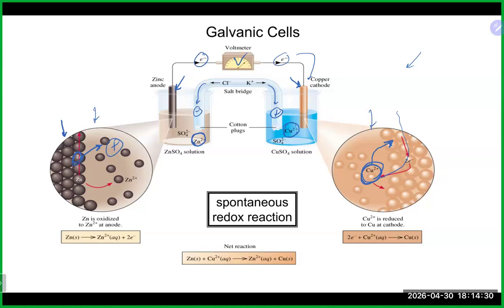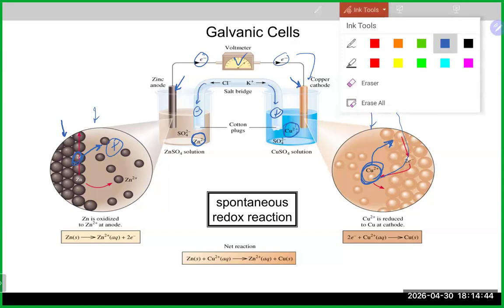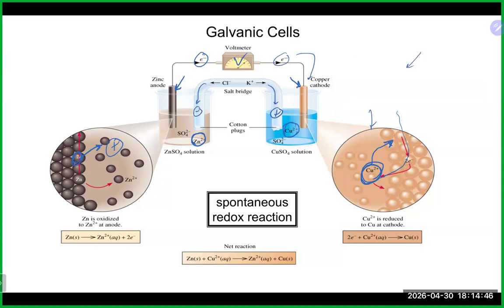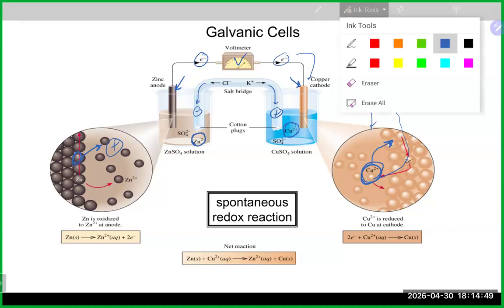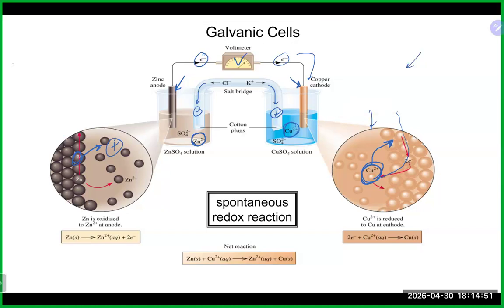Now, what is really the function of the salt bridge? The function of the salt bridge is to keep everything flowing correctly and not build up the wrong type of charge on one side of the cell that you do not want. So, for example, if I were to run this cell and take out my salt bridge, we would again have a compartment here with our zinc and our zinc ions floating around, along with our other ion, the sulfate ion in this case.